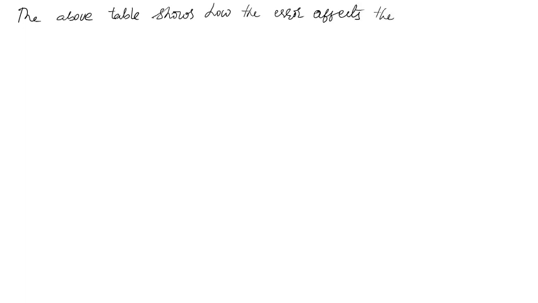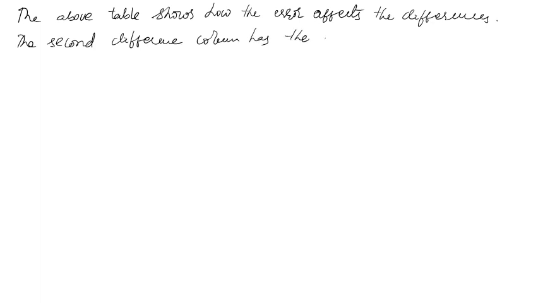The second difference column has the errors: epsilon, minus 2 epsilon, and epsilon. The third difference column has errors: epsilon, minus 3 epsilon, plus 3 epsilon, minus epsilon.